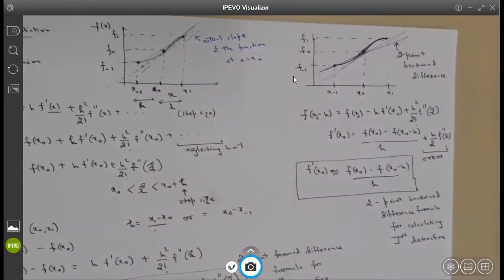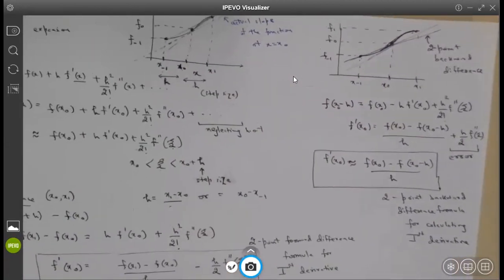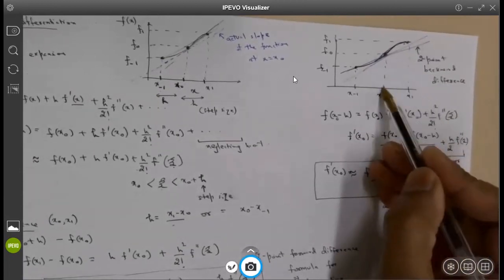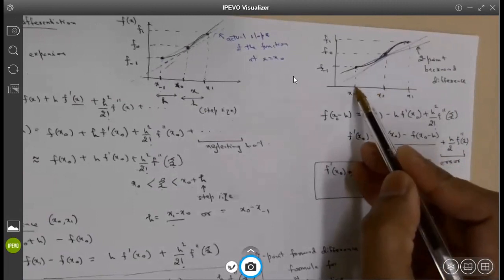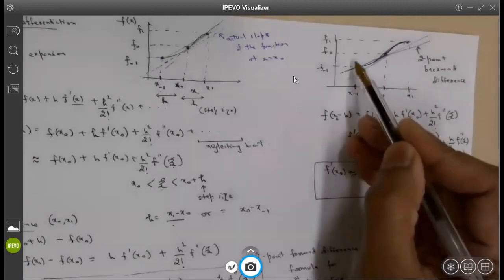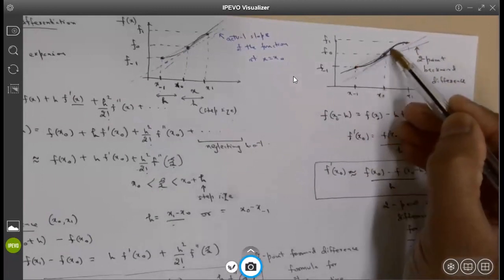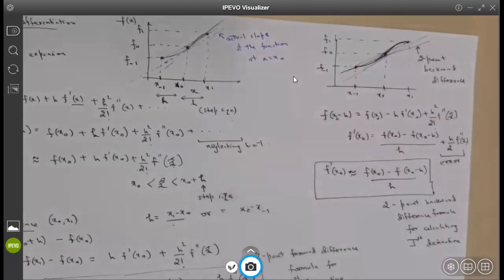Does it make sense? Yeah. So instead of using x naught and x1 and x naught and x minus 1, you are passing a straight line between x minus 1 and x1. So you are basically passing a straight line through the endpoints, and we call that a center difference formula.